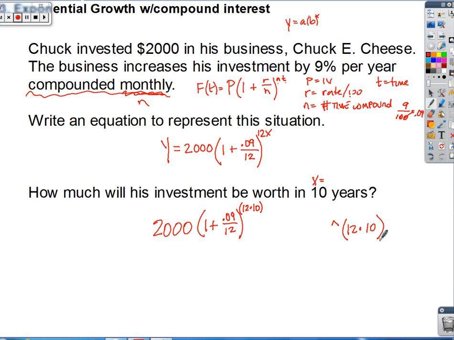If you type that in correctly, you're going to end up with $4,902. Oops. Sorry about that. And 71 cents.